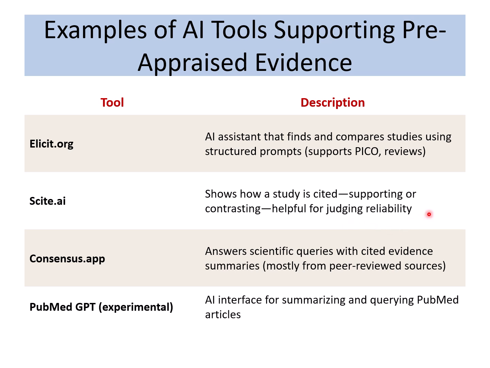So it's good to have a balanced literature review of both sides to help you decide in your clinical decision making. Consensus.app provides answers to scientific queries with cited evidence summaries, mostly from peer reviewed sources. So it's also good because these are peer reviewed sources that are linked with Consensus.